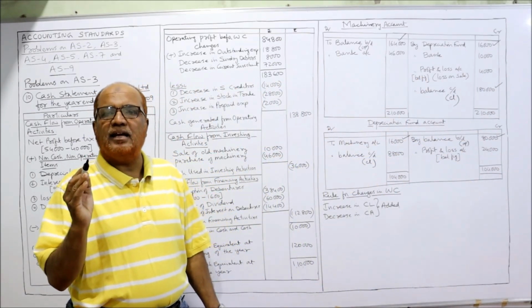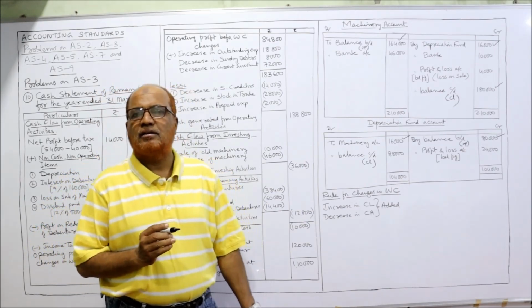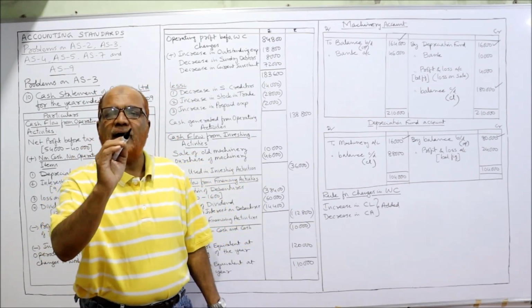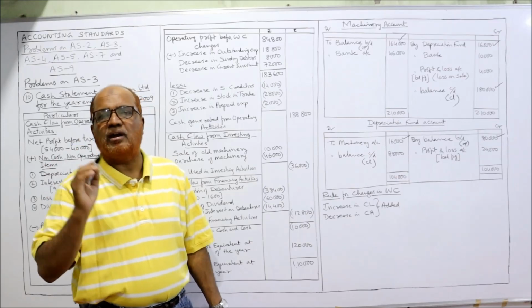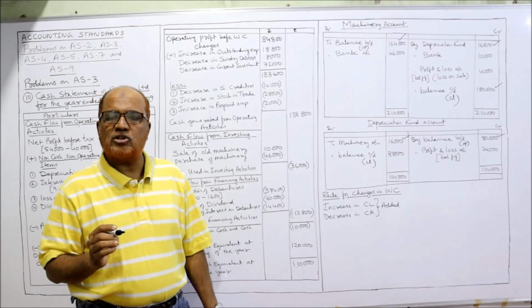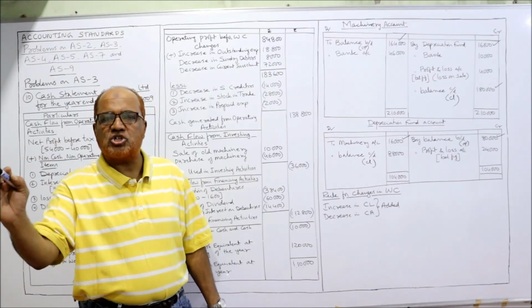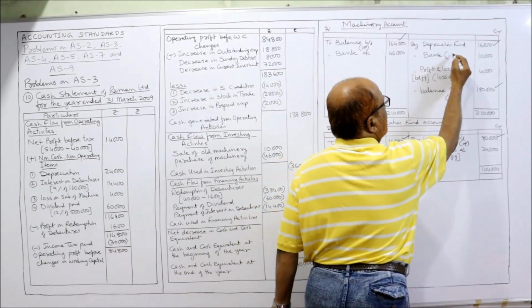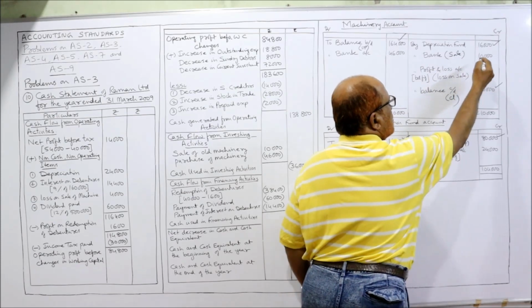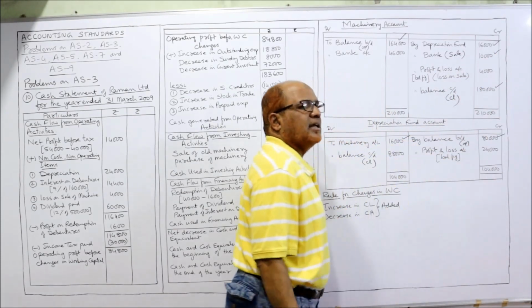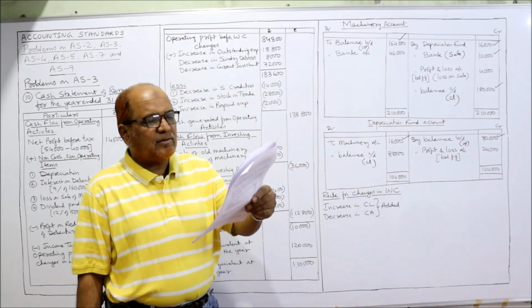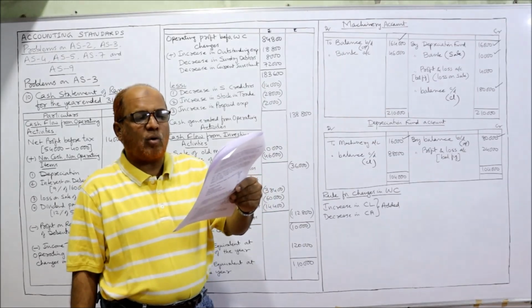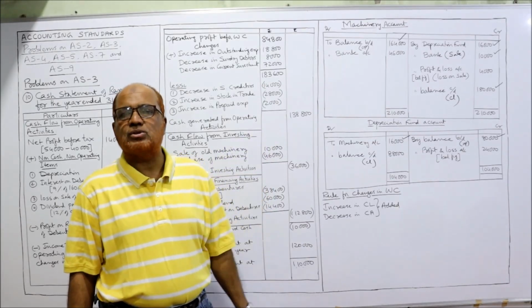The second entry is sale proceed. The sale proceed is bank account debit to machinery account. Again I repeat, bank account debit to machinery account. So machinery account is credited by bank sale. So how much it was sold? 10,000. We have taken 10,000. And it is given one new machinery was acquired for 46,000.